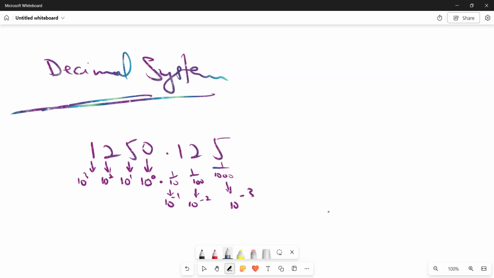And that's why they call it a decimal system. Deci carries the idea of tens. So the place value of each digit in a number in the decimal system is a power of 10. That power can be any integer: positive, negative, 0, all of that.